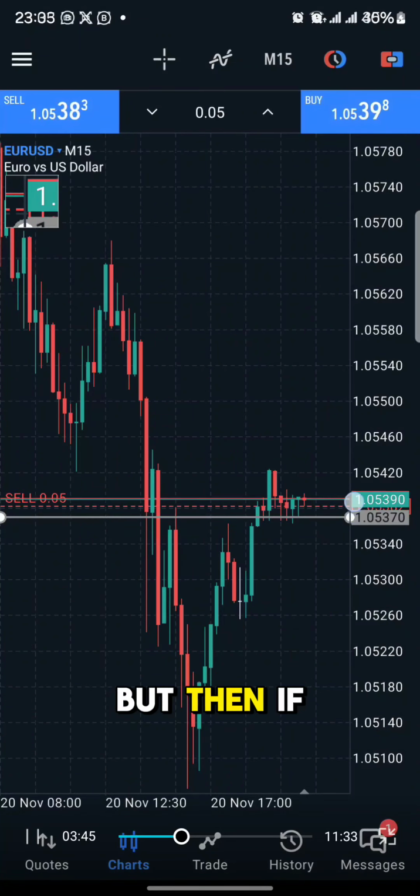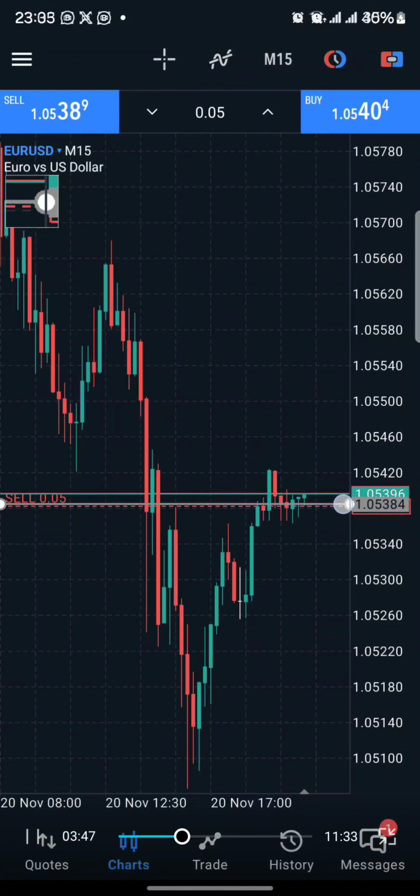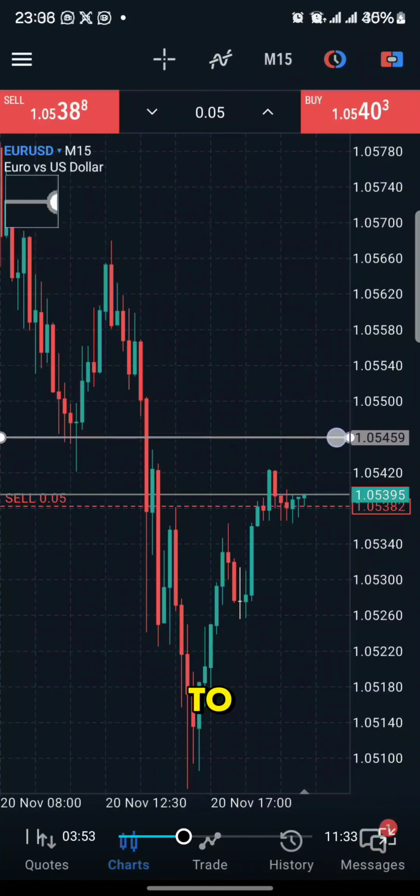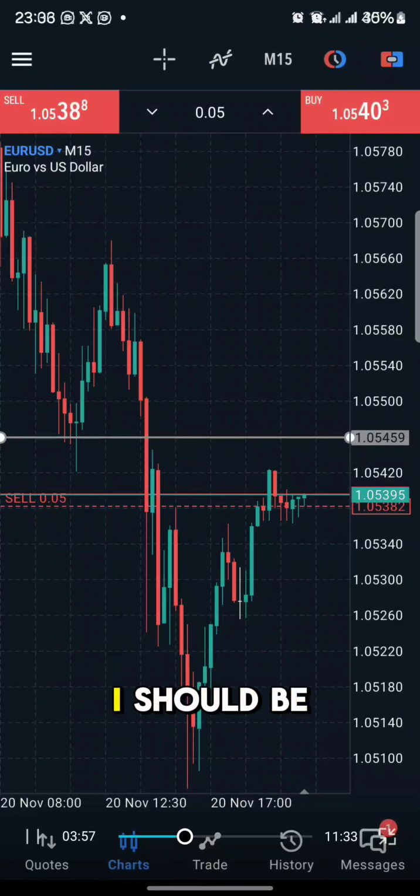But then if it doesn't go in my direction, if it goes up, right? If it goes to this level here, I should be out. I shouldn't be trading, right? I should be out by the time the price goes up to that level, right? So what am I going to do? I'm going to put my stop loss at that level, right?